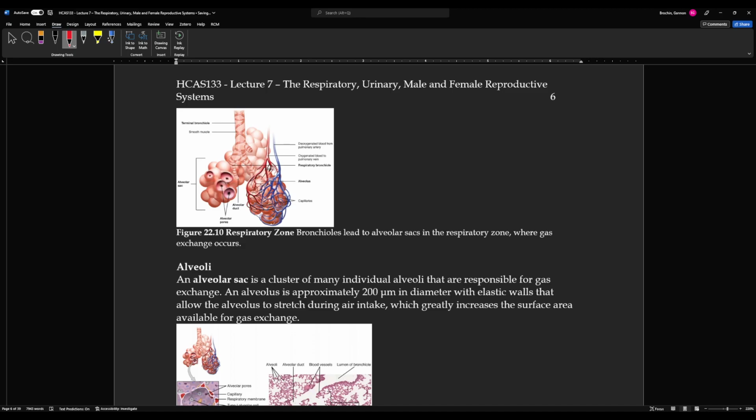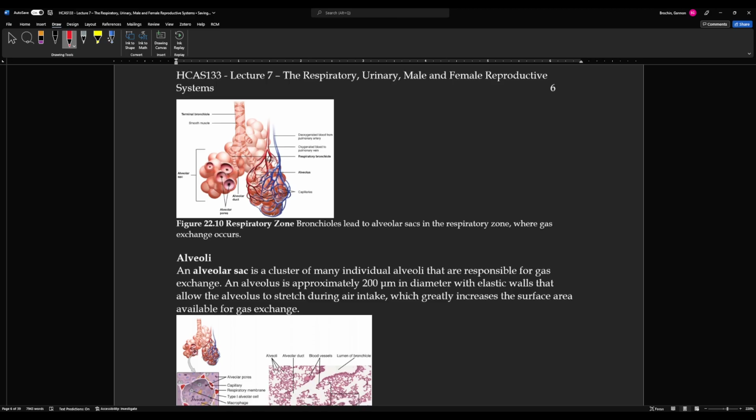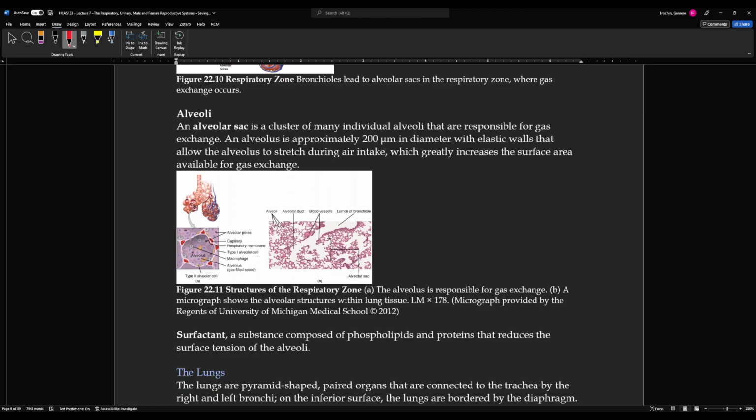We do exhale stuff like urea and nitrogen, etc. These alveoli are very small. They're pretty elastic, and they're not that tough, though, okay?